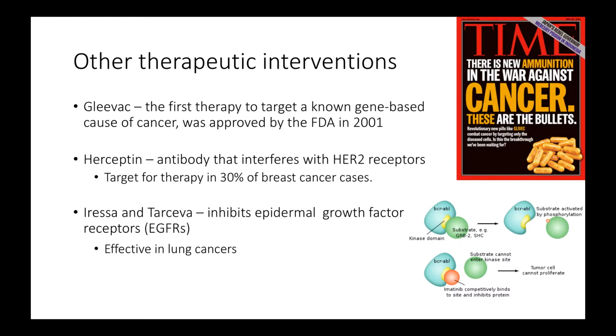Normally, the stimulation of these receptors by growth factors outside the cell transmits signals to additional proteins and genes, which ultimately prompts the cell to grow by dividing. By inhibiting these receptors, you are preventing proliferation and growth of these tumor cells. These two drugs are especially effective in lung cancers.